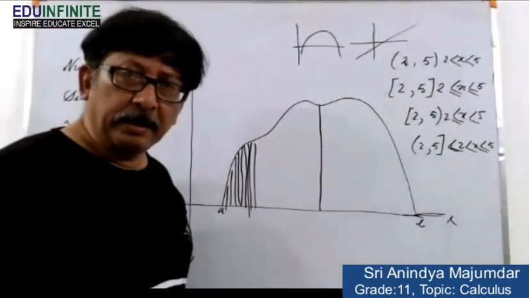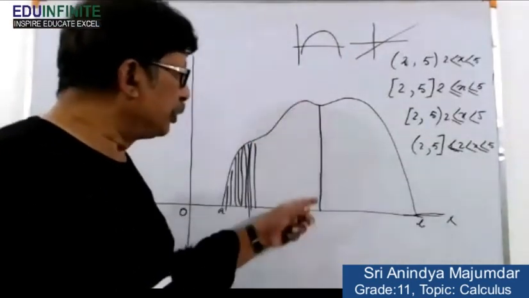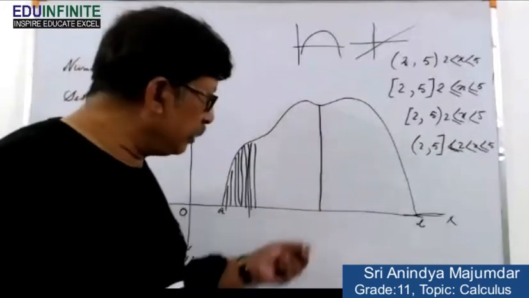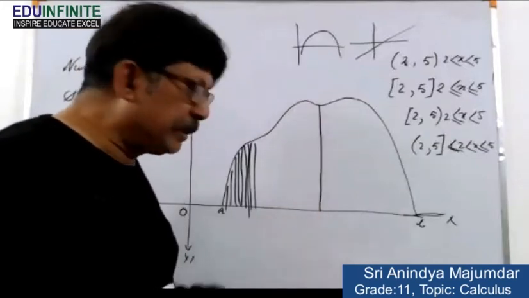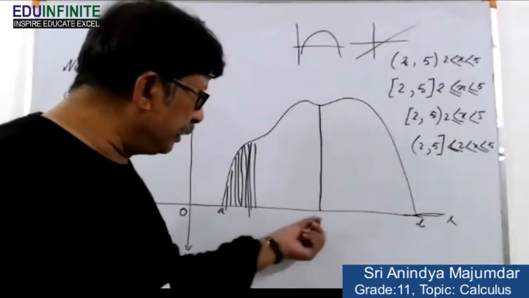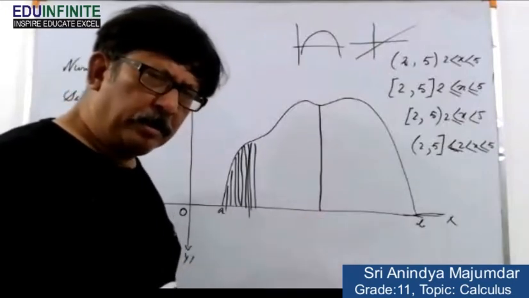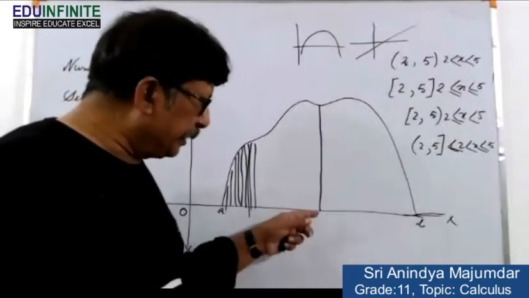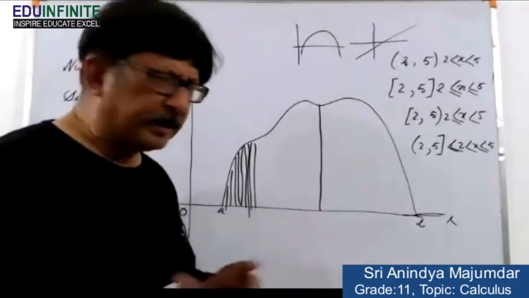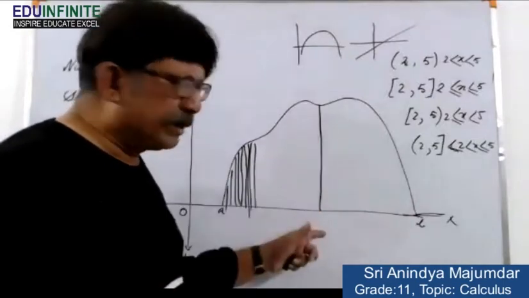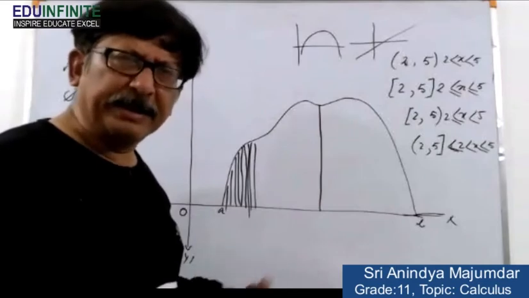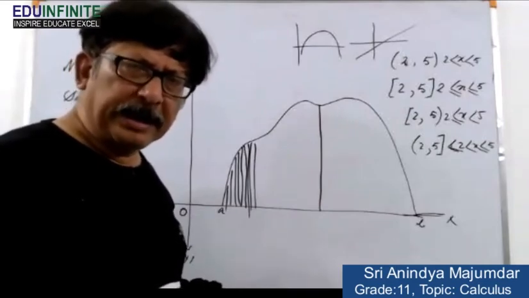It's a rectangle with sufficient length, but its breadth, if I consider this breadth, is very small. So if it is delta x, say for instance, it is f(x) into dx. That is length into breadth.